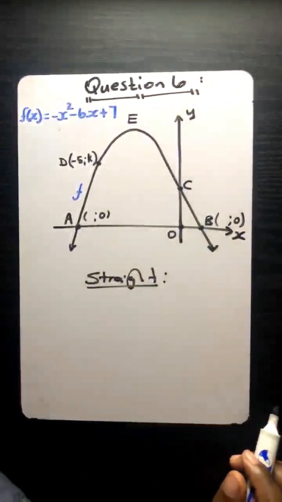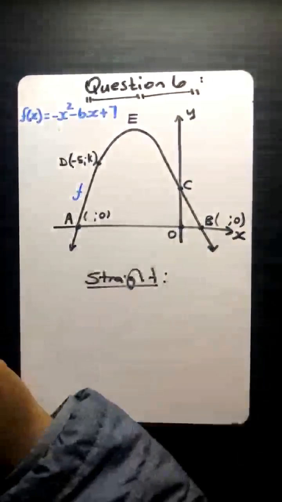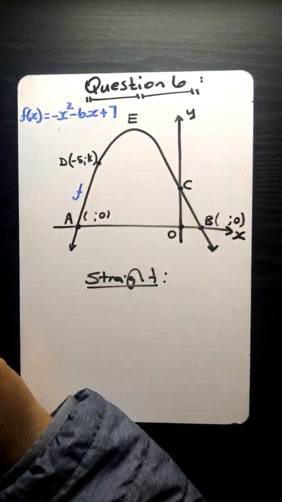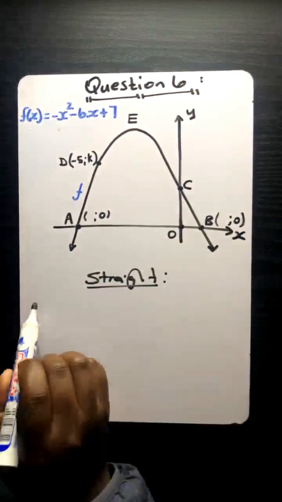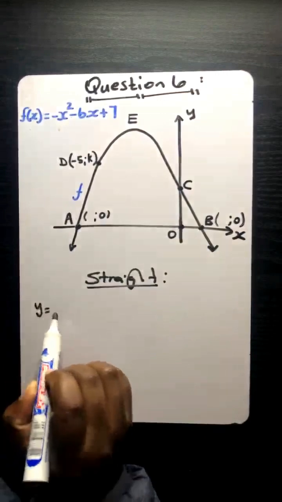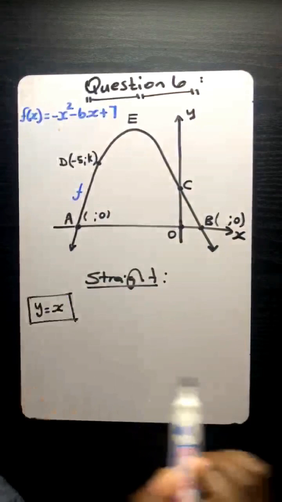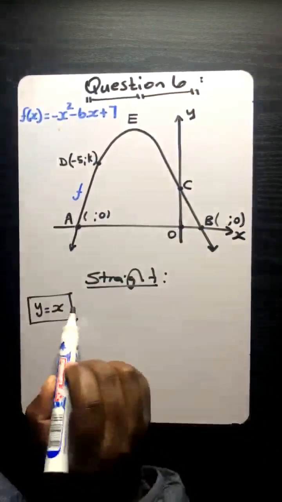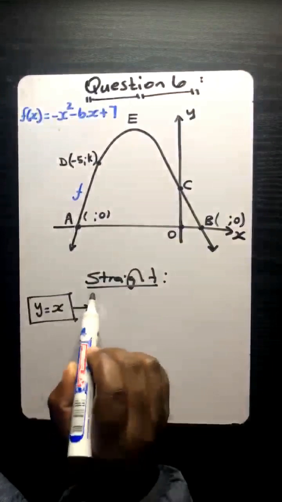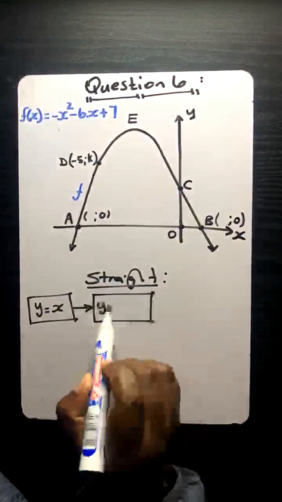Remember, guys, a parabola and a straight line, in most cases, they are in the same WhatsApp group. This is where the straight line came from. It was just y equals x, honorable members. It developed from that to becoming this: y equals mx.